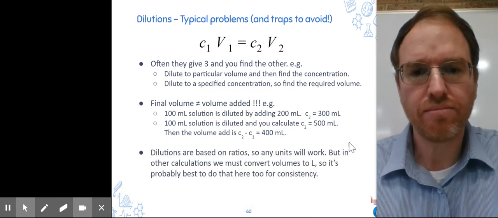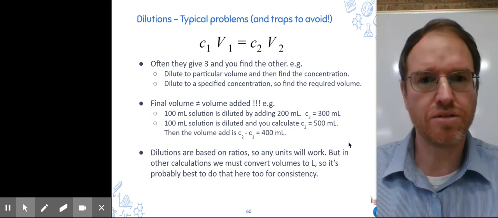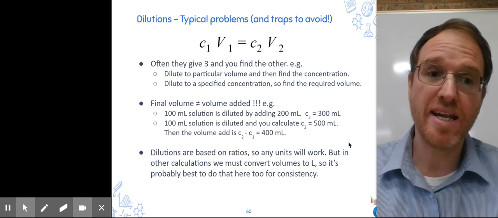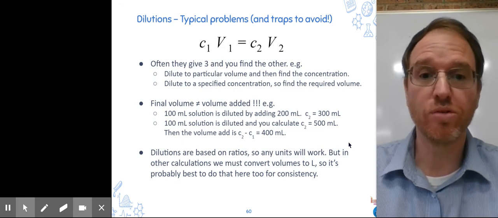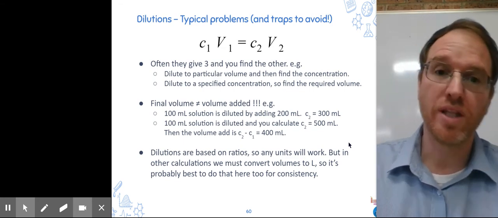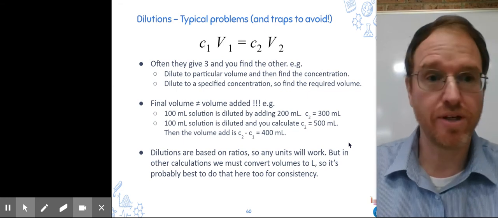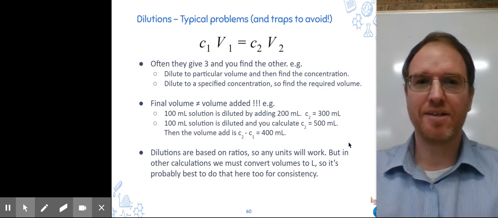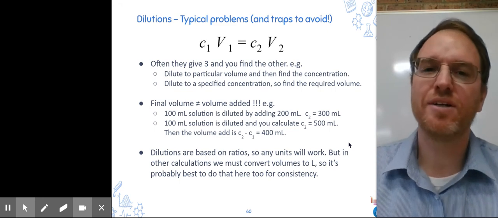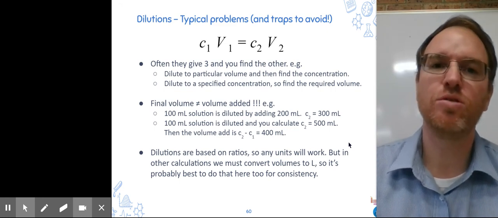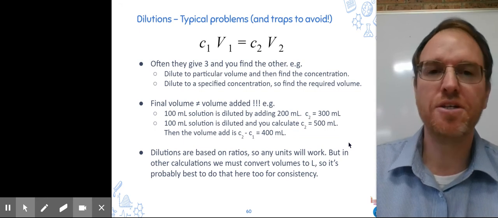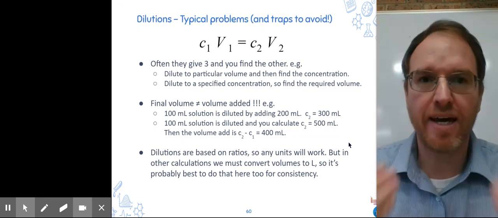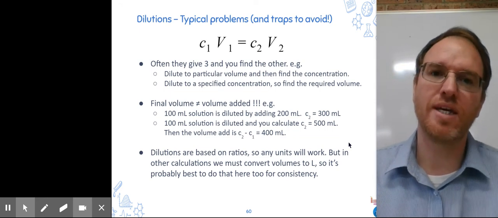Another thing, dilutions are based on ratios, and you might be able to work that out if you're mathematically minded. That actually means any units will work. If you're in mils, it works. If you're in liters, it works. If you're in gallons, whatever other units there are, it will work. But all the other calculations you do require you to work in liters. So I generally say convert everything to liters, and that way it becomes a habit and you don't make mistakes on the other questions.